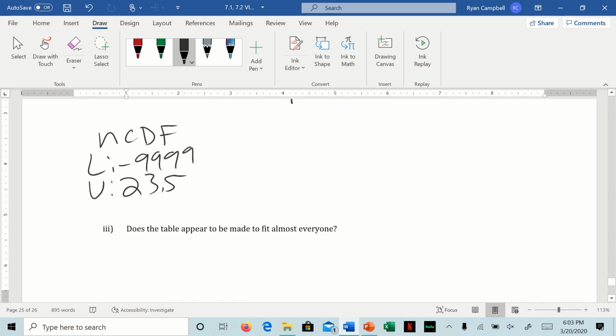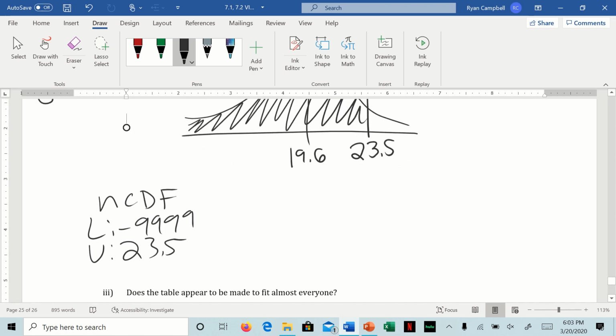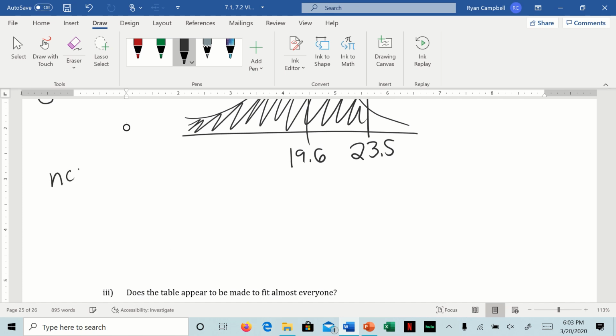So normal CDF, lower is negative 9999. The only difference now, like we said, is that the mean is going to be 19.6.